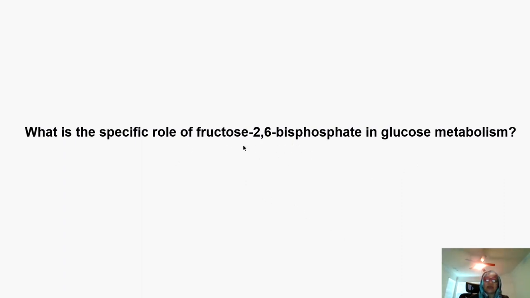Try to make sure that you truly understand the role of this molecule, and then you should be able to understand how regulation of these two mechanisms is done by different molecules. This is just an example. You can remove this one and put citrate, or remove it and put ATP or AMP or any other molecule, and then you can apply the two concepts, energy and glucose availability.